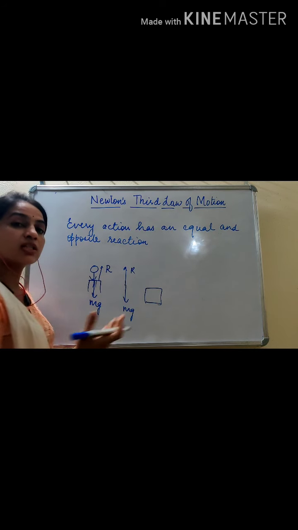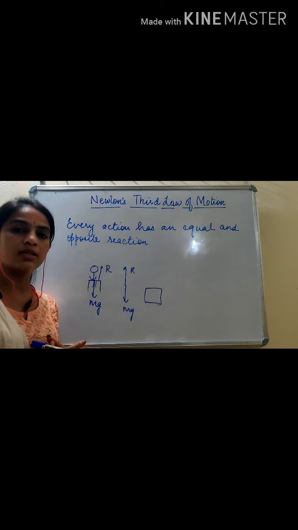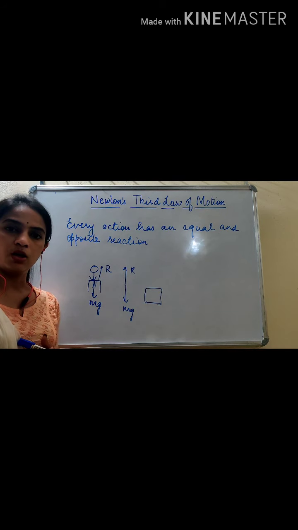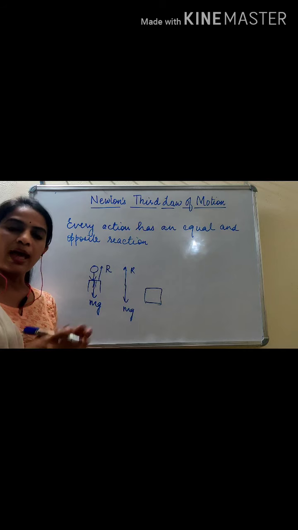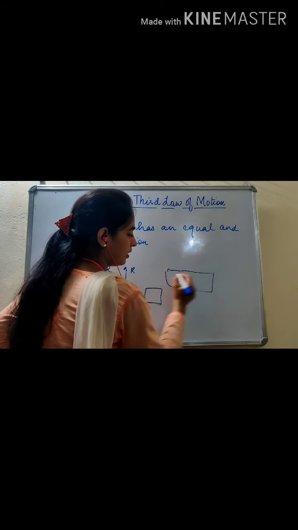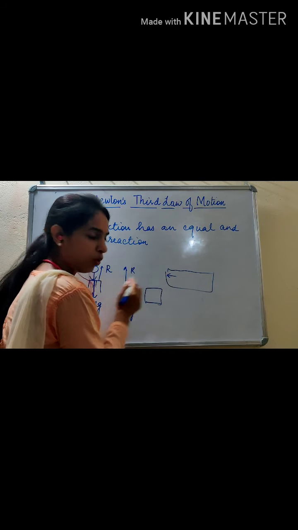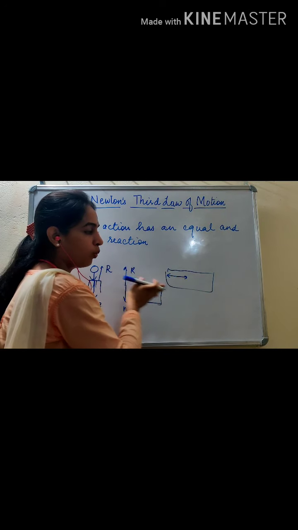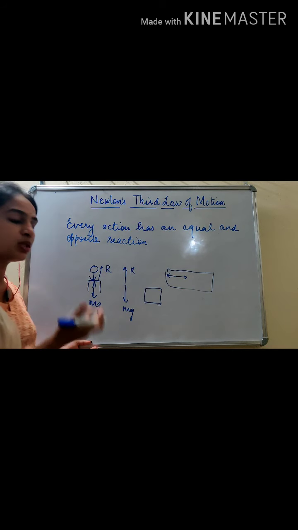For example, when a swimmer wants to start swimming, he pushes the back of the wall of the swimming pool. He exerts a backward push on the wall, and because of that backward push, the wall pushes him forward and he is able to move forward and start swimming.